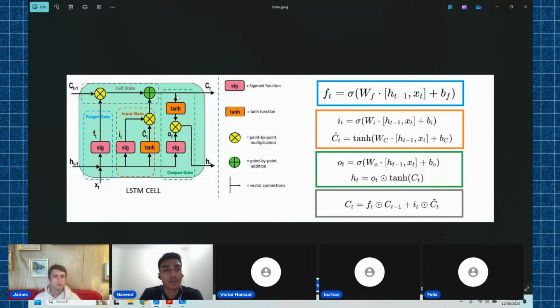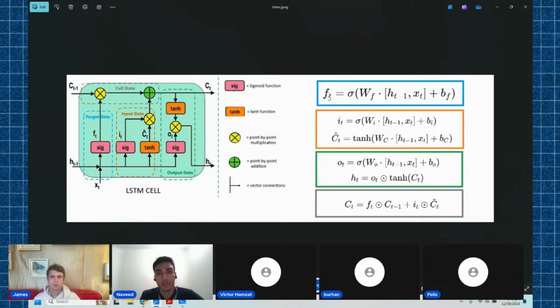This cell state determines what information across all those different time steps we should keep, what information from the earlier steps should be passed all the way across to the last steps, and what should maybe be passed to the middle of the time steps, and so on. So this is responsible for the long-term memory of the network, and this connection, this HT here, is responsible for the short-term memory that might be useful for this network to produce an output. And these are its equations.